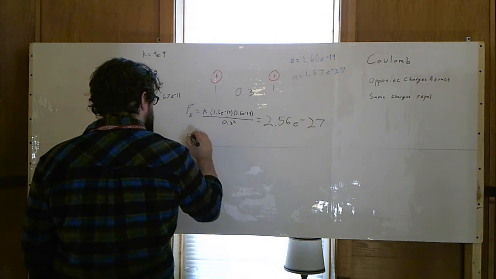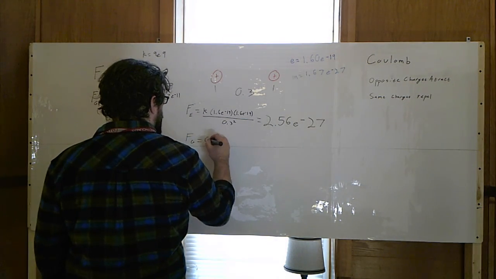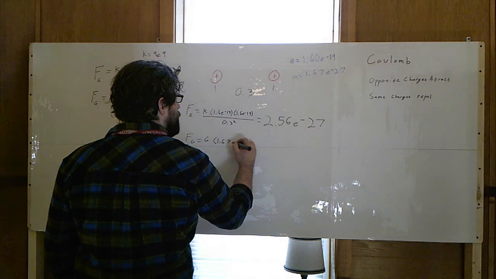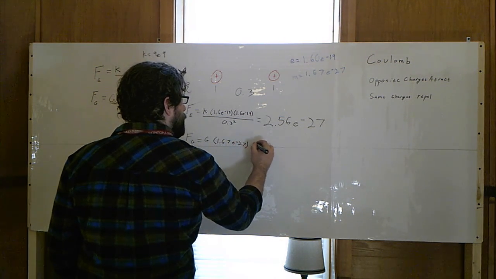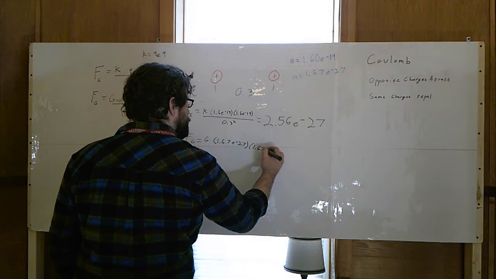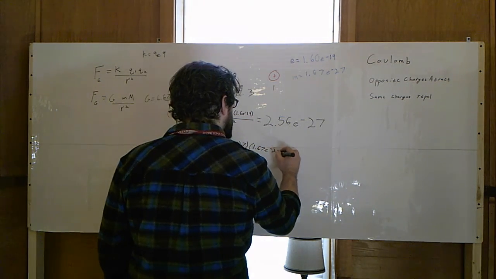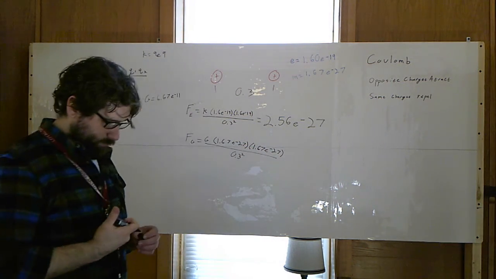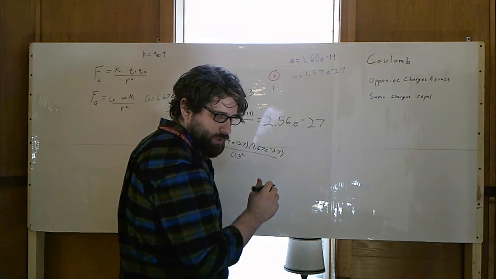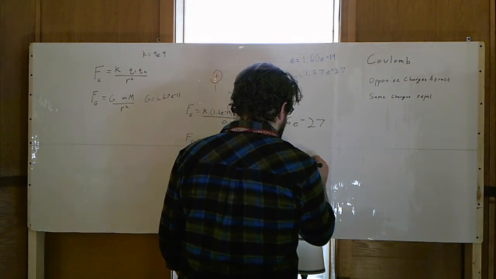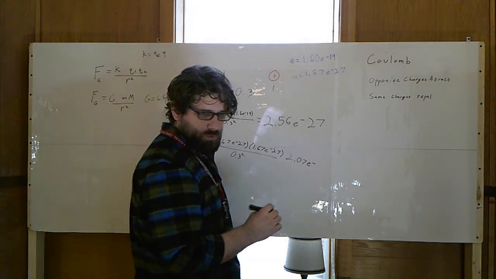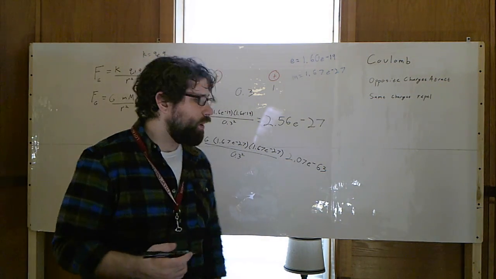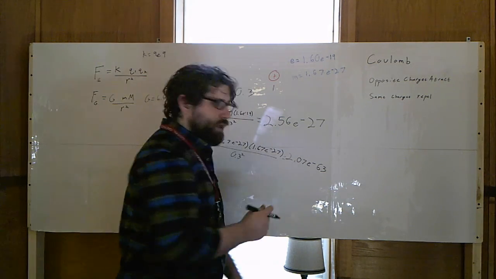Now, the force of gravity in this same situation: we're going to have our universal gravitational constant, times 1.67 e to the negative 27 times the same value, all divided by 0.3 squared. Punching that into our calculators, we get 2.07 e to the negative 63. So while both of these numbers are extremely small, this one is extremely much smaller.